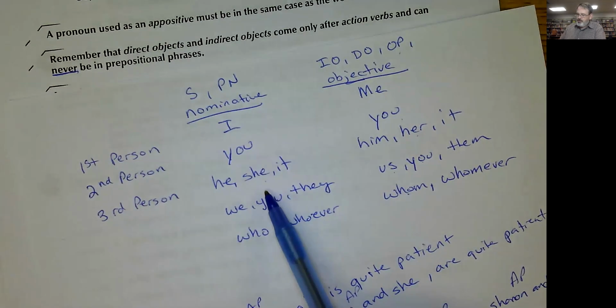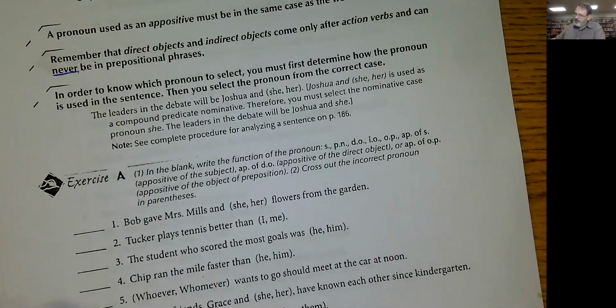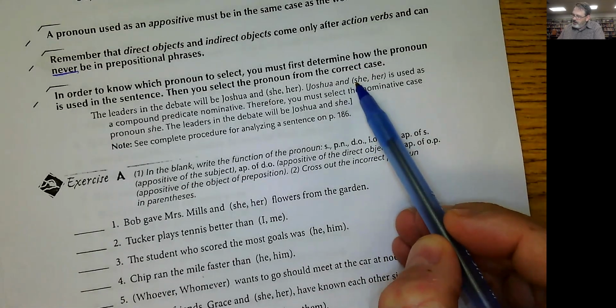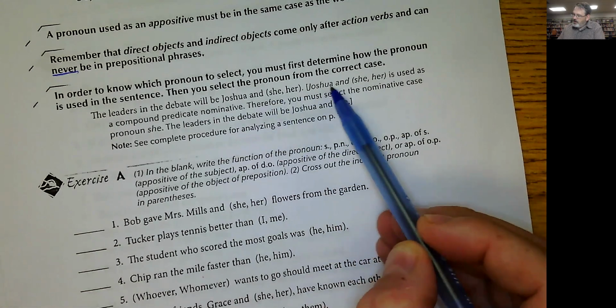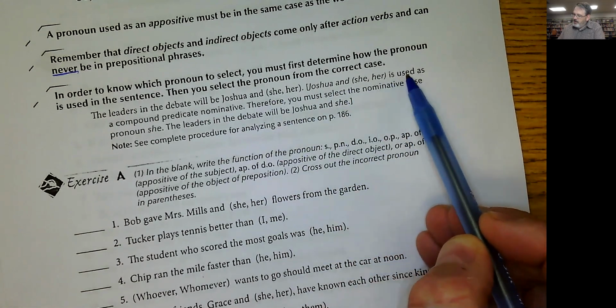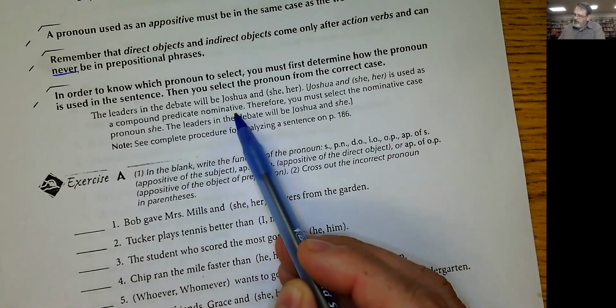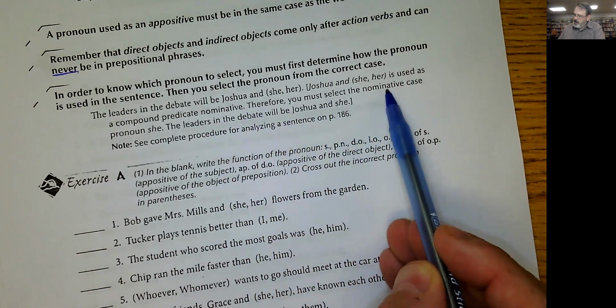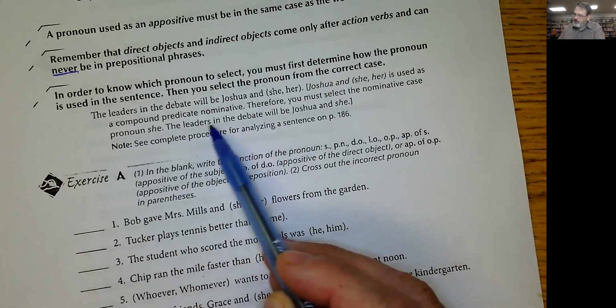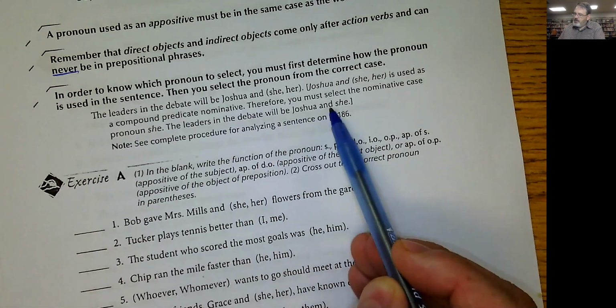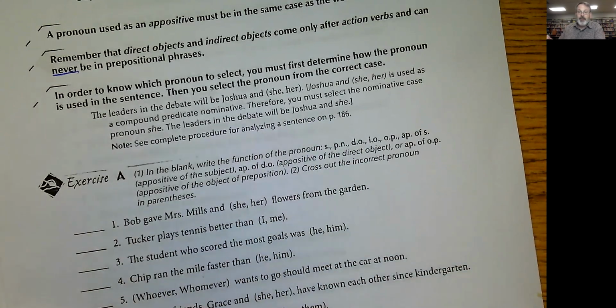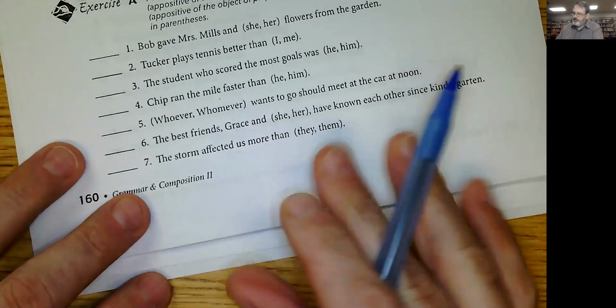Nominative case is she. The answer should be she. Joshua and she is used as a compound predicate nominative. Therefore, you must select the nominative case pronoun she. The leaders in the debate will be Joshua and she. All right, so we know how to do that now. Let's look.